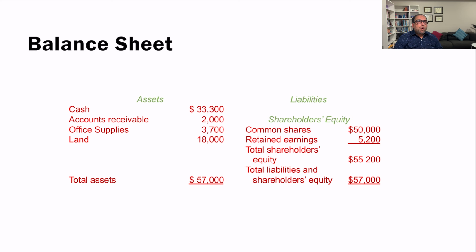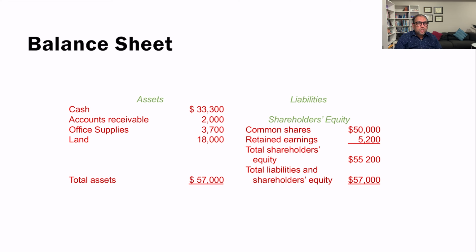So up till now, what we discussed in this chapter is just the impact of a transaction on the assets, liabilities, and shareholders' equity. We just tried to understand the impacts. This is not a recording of a transaction. It is just to understand the impact of a transaction. In our second part, we're going to learn how to record the transaction.